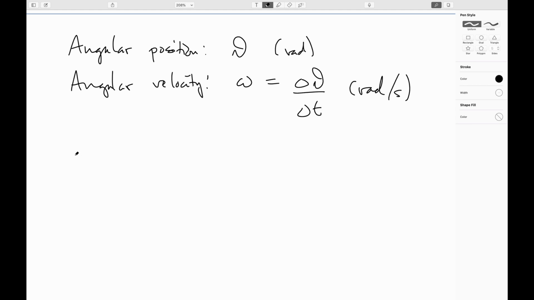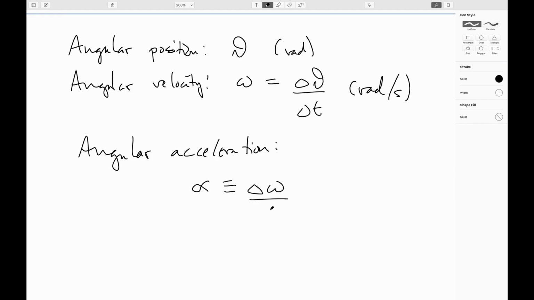So in analogy, we can define angular acceleration. So the angular acceleration is defined to be the time rate of change of the angular velocity. And the typical units are going to be radians per second squared.